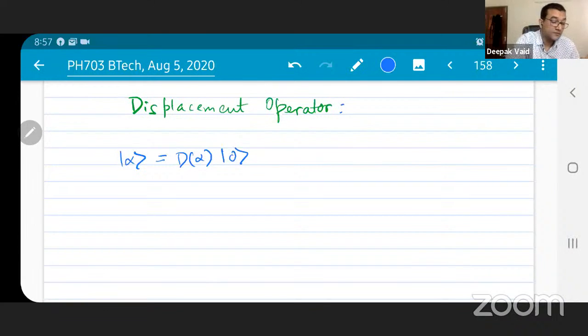I mean, this you can do for any two states, right?